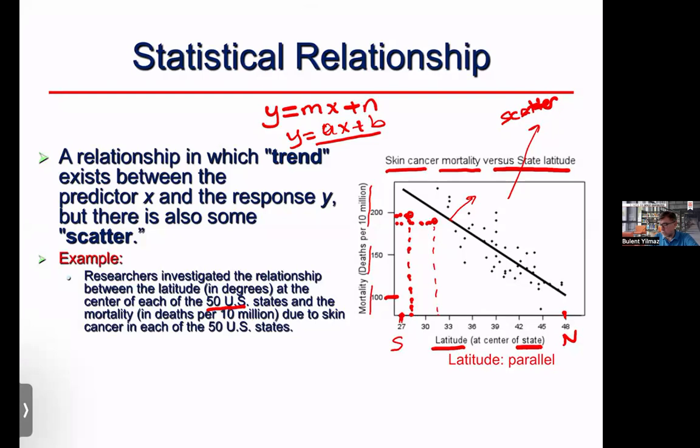Okay, guys? So I have latitude information here, I have mortality rates here, and using this data, I want to draw this line. The concept that we will be covering today is how I can come up with this line. How I can come up with y equals mx plus n.